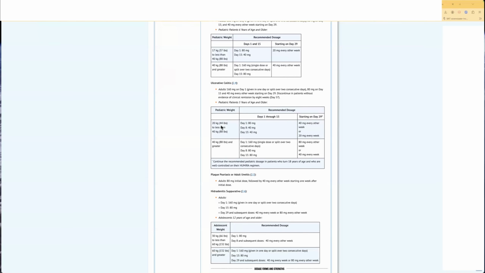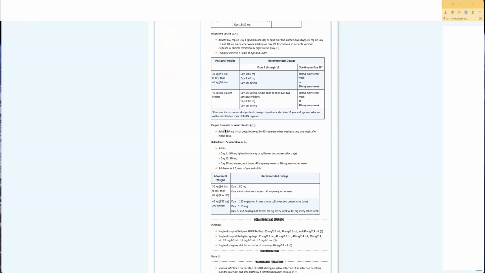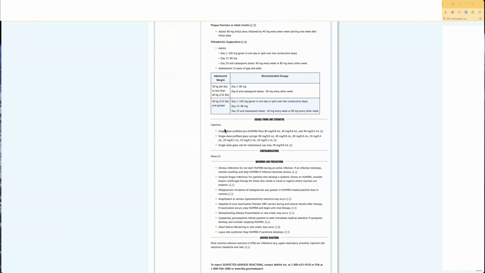Then we can now learn more about the strengths. What we can get on the market for Humira are single dose pre-filled pens, now at different concentrations, and we can have a single dose glass vial for only hospitals or institutional use. So now we see that Humira is a combined product.